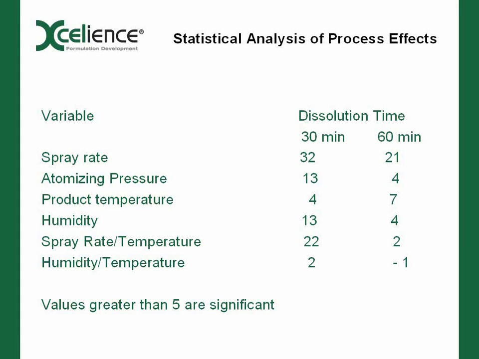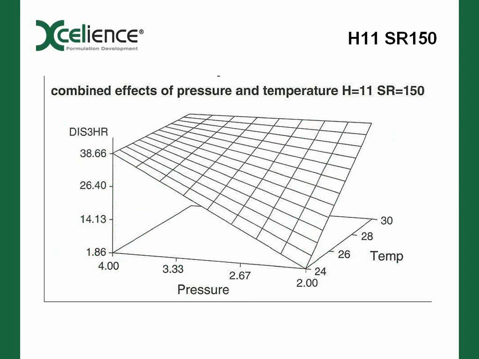So going back to our presentation here, what we can do with this data that we collect is, as I mentioned, put together these types of plots, and you can look at the effect of these different variables, pressure and temperature, on the dissolution amount that you get at 3 hours.